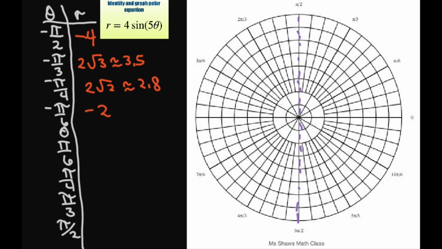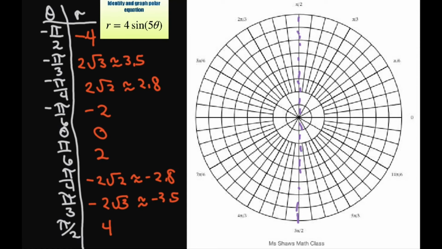Negative 2, 0, 2, and then negative 2 square root of 2, approximately negative 2.8. Negative 2 square root of 3, approximately negative 3.5, and then we have 4.